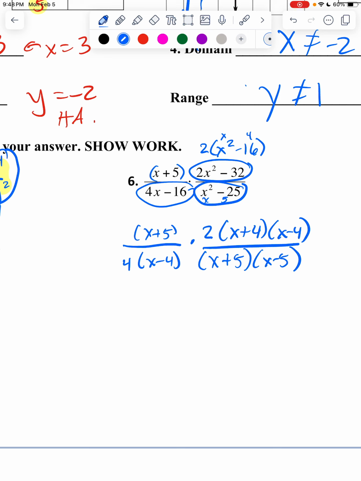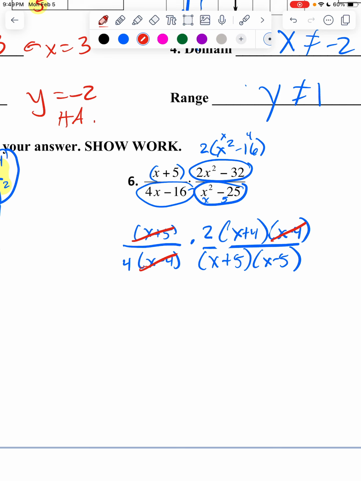So after I have everything factored, I'm looking for any factor on the top that matches on the bottom. So this whole x plus 4, whoops, doesn't really cancel. It's the x minus 4 that's going to cancel. This x minus 4 and any x minus 4 on the bottom.